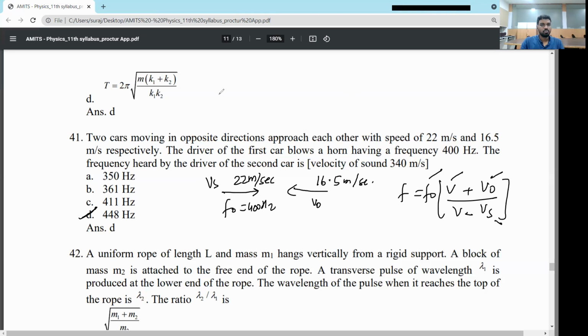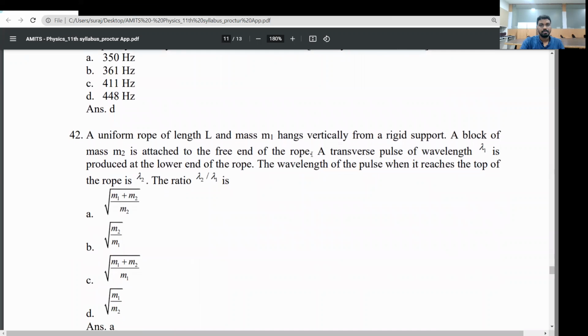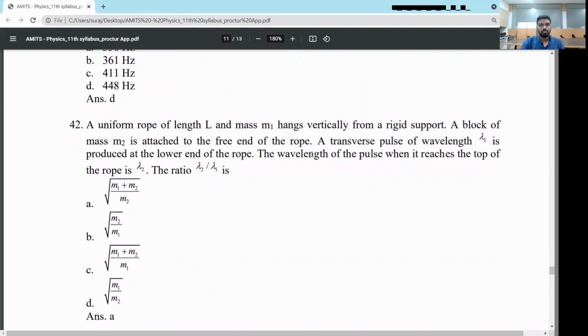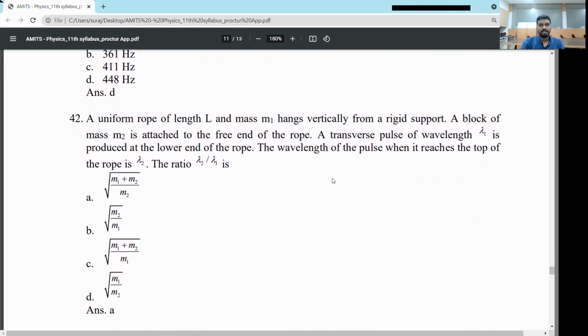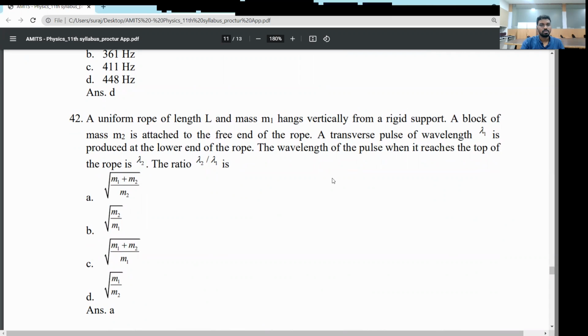Next, question 42. A uniform rope of length L, mass M1, hangs vertically from a rigid support. A block of mass M2 is attached to the free end of the rope. A transverse pulse of wavelength λ1 is produced at the lower end of the rope. The wavelength of the pulse when it reaches the top of the rope is λ2.